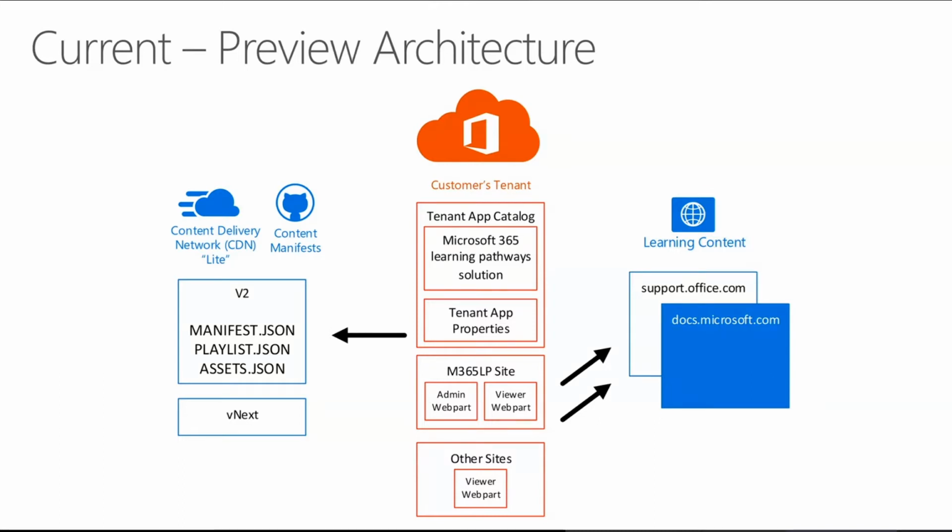And then the viewer web part, which is available through the web part selector when you're creating pages, and that viewer web part can be added to any page in that learning pathway site, or you can enable the learning pathway solution into other sites, either team sites or communication sites in your tenant, and thereby add the viewer web part to view training content in any of the sites in your tenant.